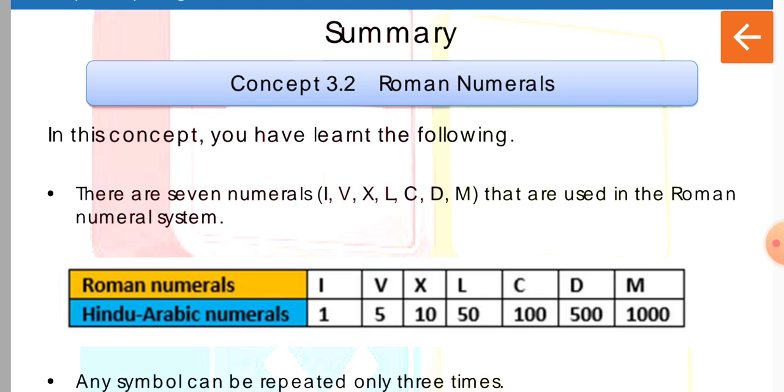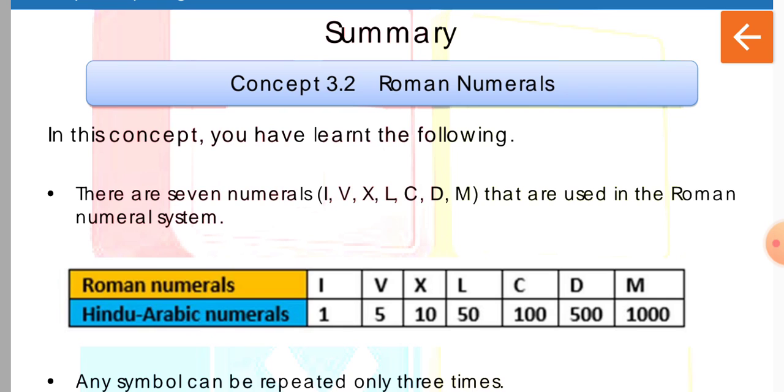Now, after these topics, we learned about Roman numerals, isn't it? What is a Roman numeral? Roman numerals are the number system used by ancient Romans. Okay, now we are also using these Roman numerals in some places. And the important thing is there are 7 numerals in the Roman number system.